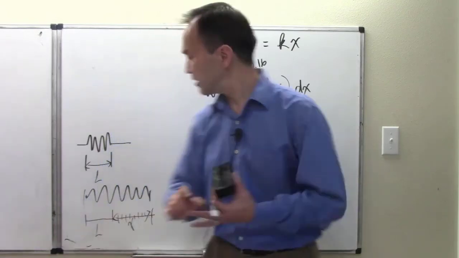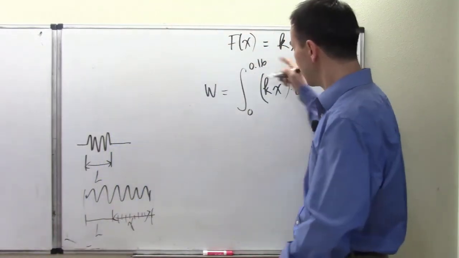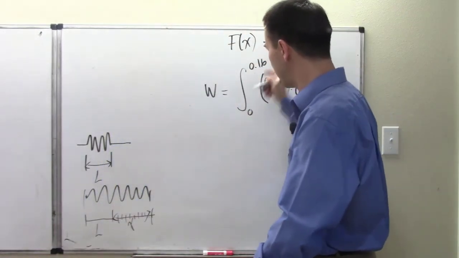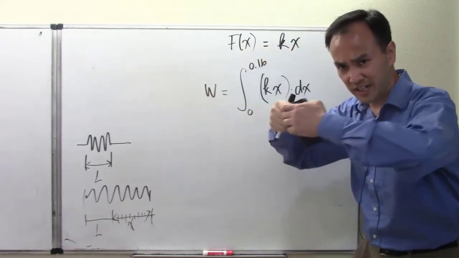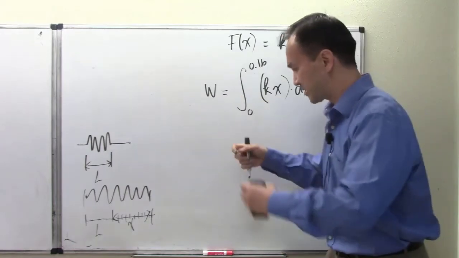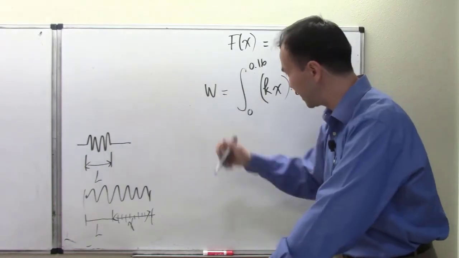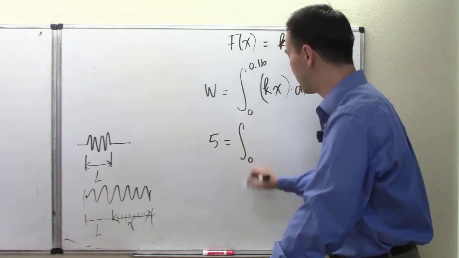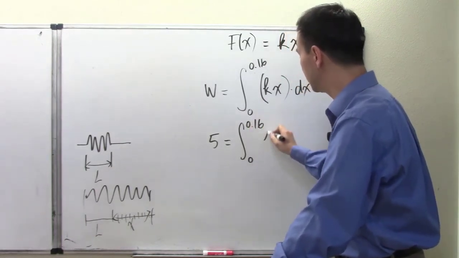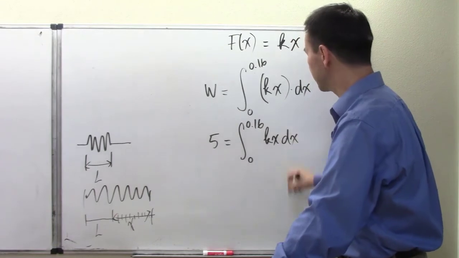So in this expression, after accumulating, the total work to stretch it out to 16 centimeters beyond its natural length has to be 5 joules. So 5 equals the integral from 0 to 0.16 of kx dx.